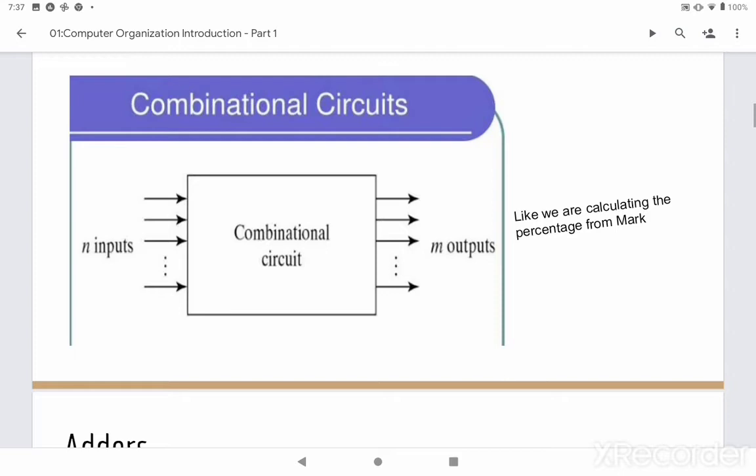So simply like that, the n inputs are your marks. It may be five subject marks, and if you are calculating the percentage, then it will be the output here. So we can say that m will be our percentage.